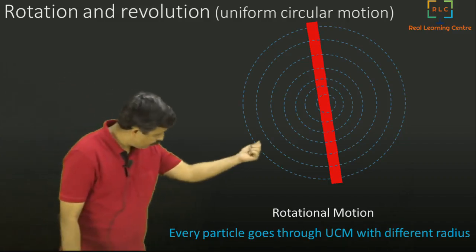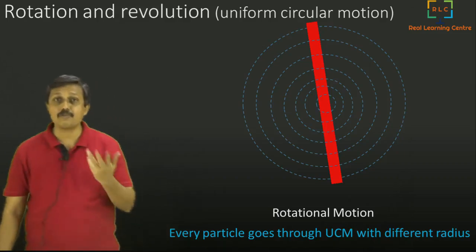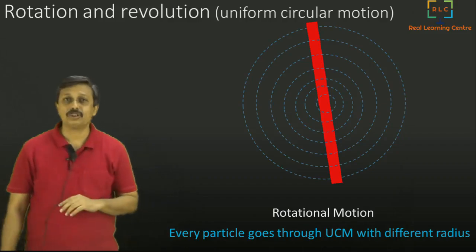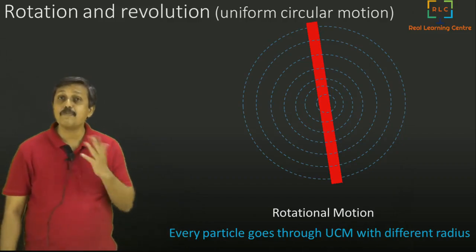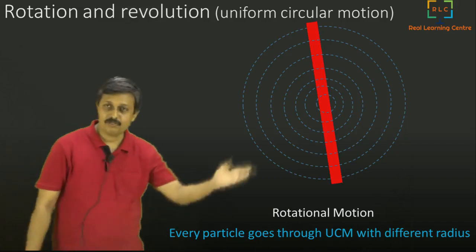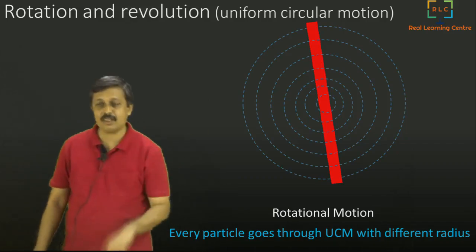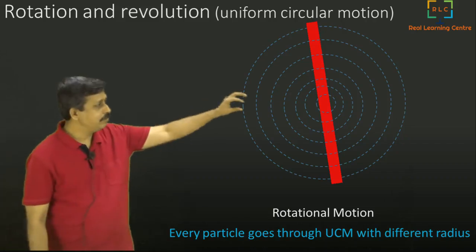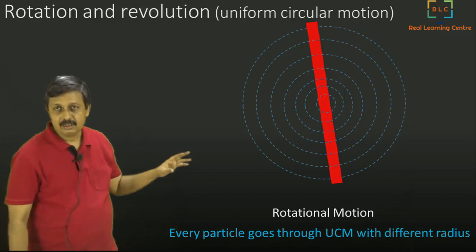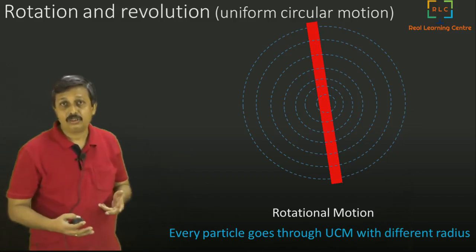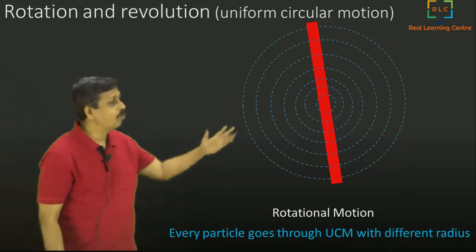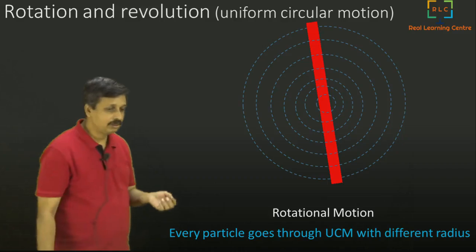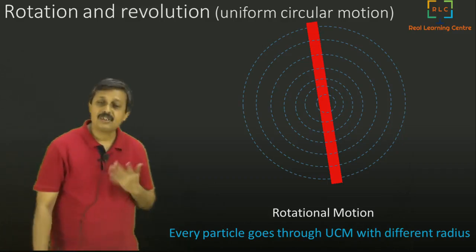And the one single dot at the center is not moving at all. All the others are going through circular motion, and all of them take the same amount of time to finish one rotation, or one revolution. So uniform circular motion of multiple particles inside a system is similar to saying rotation of the whole object. Every particle goes through a uniform circular motion with a different radius.